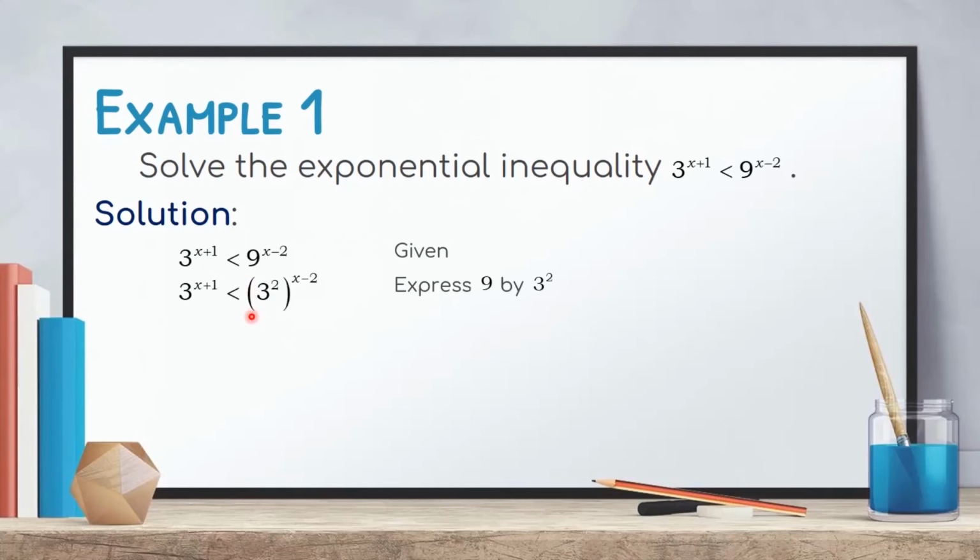So therefore, we will have 3 raised to x plus 1 is less than 3 squared raised to x minus 2. Since we have here a power raised by another power, we need to multiply the two exponents. So we will have 3 raised to x plus 1 is less than 3 raised to 2x minus 4.